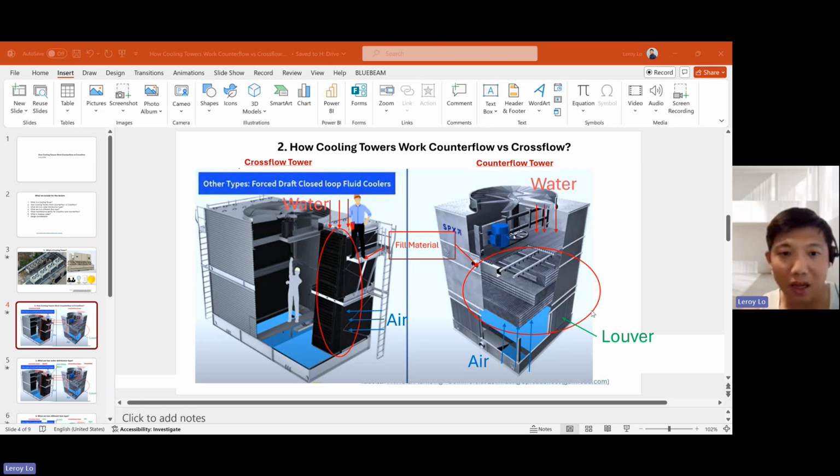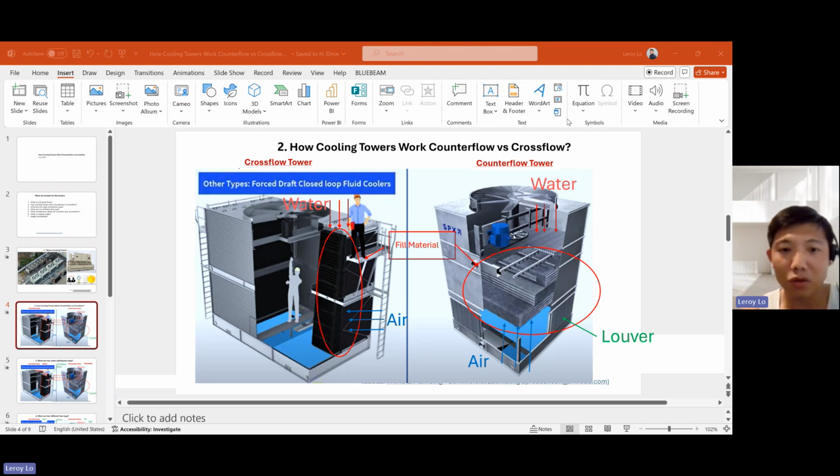See on the left side, the crossflow cooling tower, you can see the filling materials in red. Air will enter the tower horizontally, and the water will come in trickling down vertically. So quick recap: air is horizontal and water is vertical. That is a crossflow cooling tower since the air makes a cross with the water.